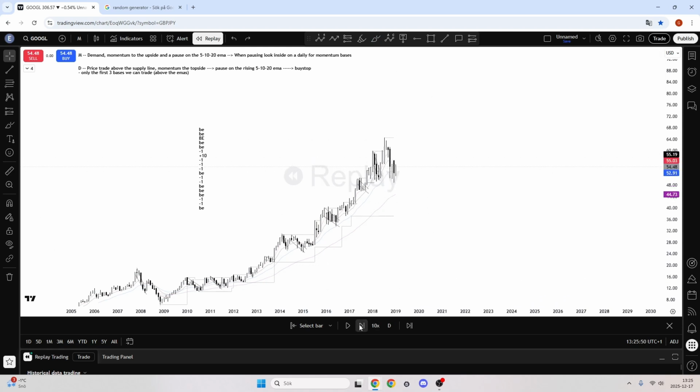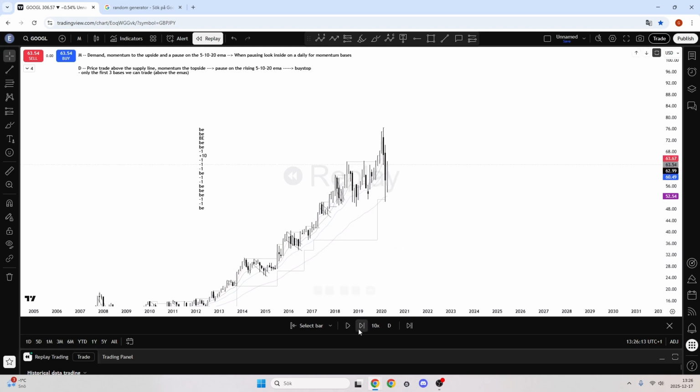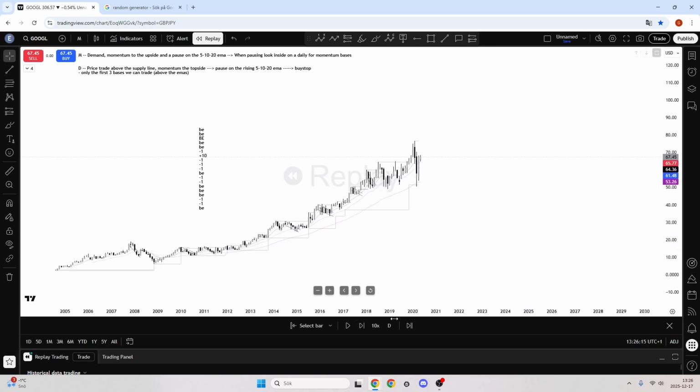I will just wait for this market to come to the 50 EMA or under. Yeah, this is turning into chop, I think. Basically going sideways. Comes down to the 50 EMA just like that.